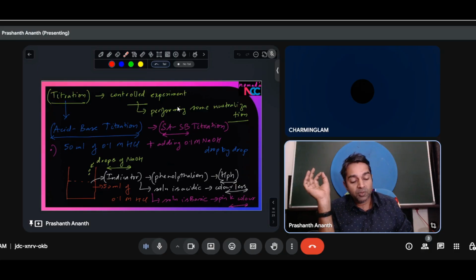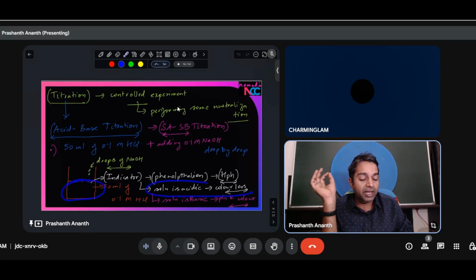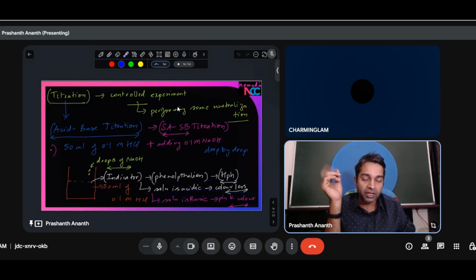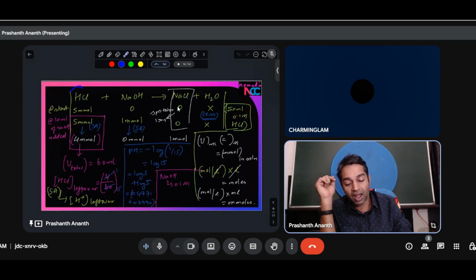So in this case, what am I starting with? I am starting with extra acid over here, correct? So I am starting off with extra acid, and I am adding very tiny amounts of base very slowly to it. So from extra acid, which is initially colorless, it will go into extra base.